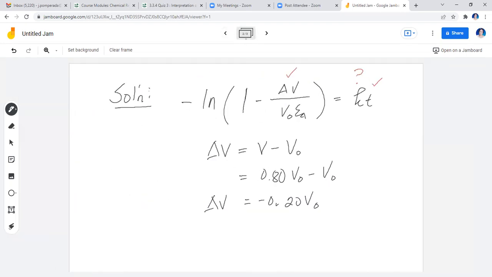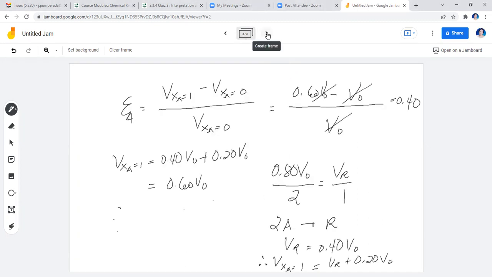So you have negative ln of 1 minus, so this is minus, so I'll make it plus 0.20 V sub O over V sub O. Should it be negative? Yes, it should be negative. Thank you. So we'll make it negative.